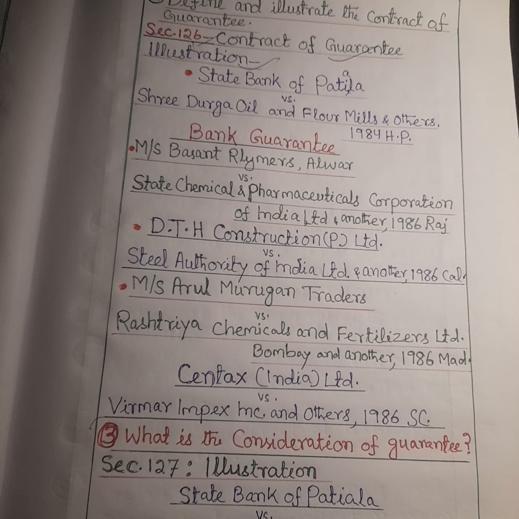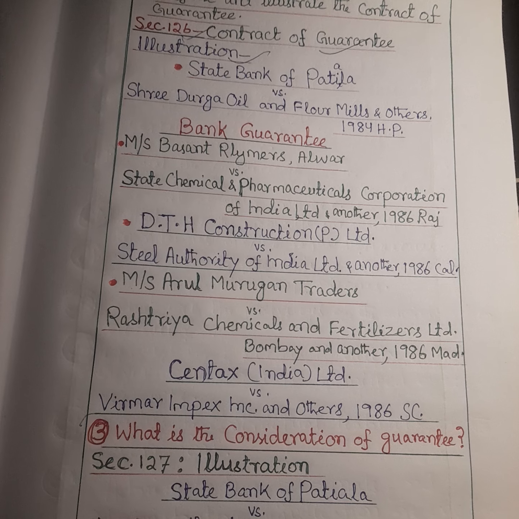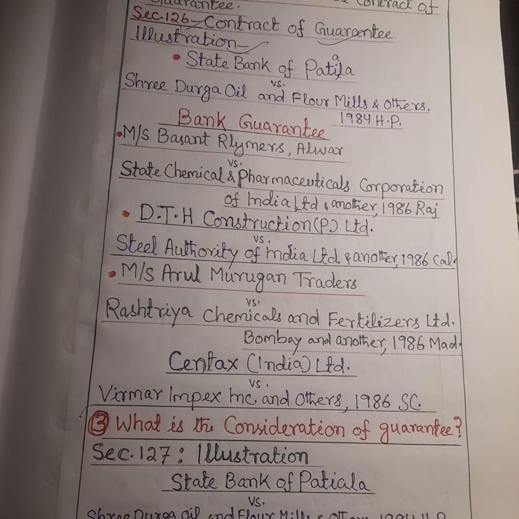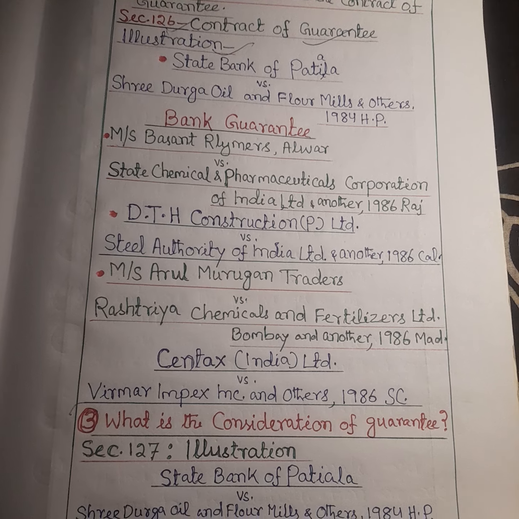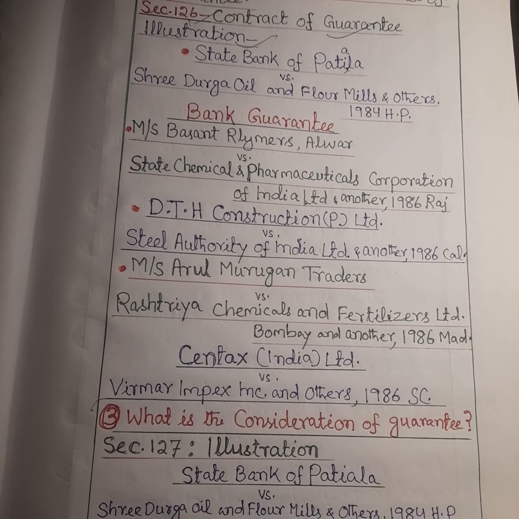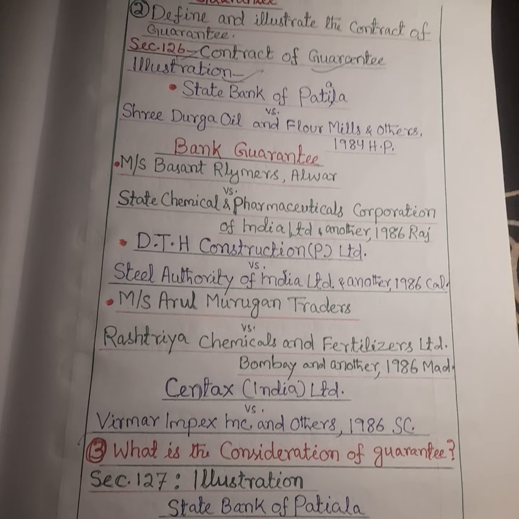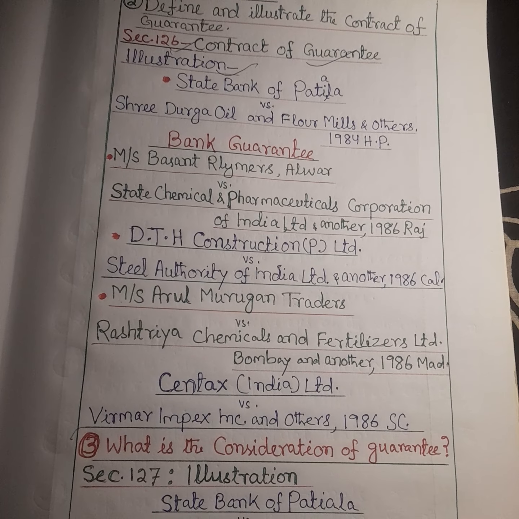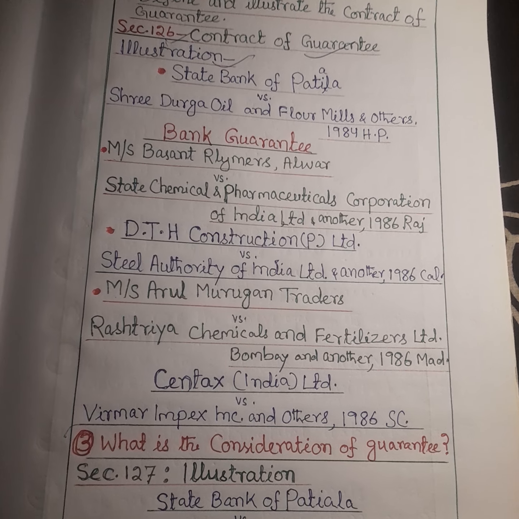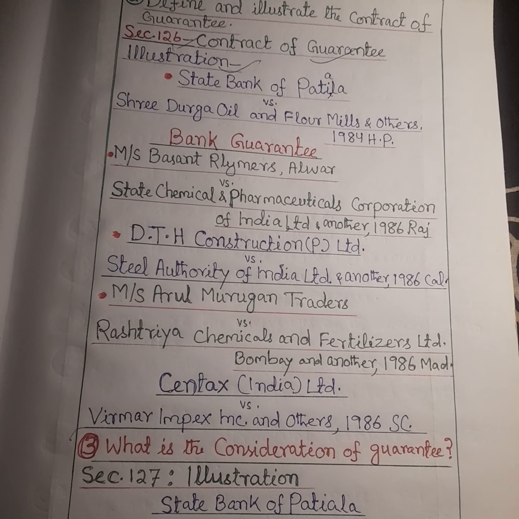This is a sufficient consideration for C's promise, and in that connection, we will discuss a very important leading case, and that is Lakshmi Narain versus Sarupji Bhovangri.